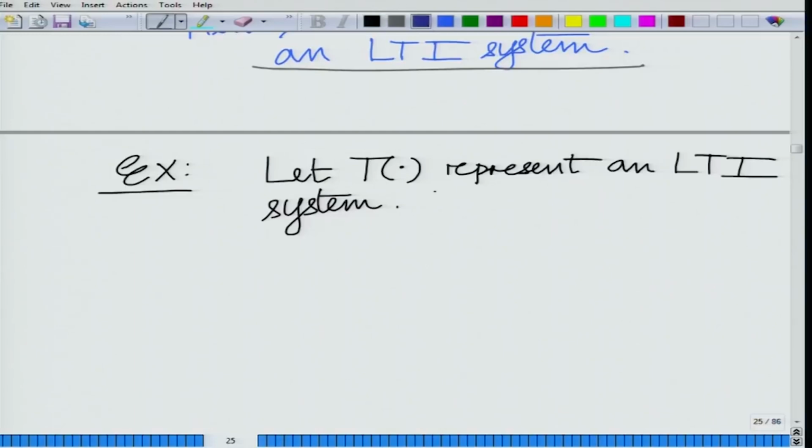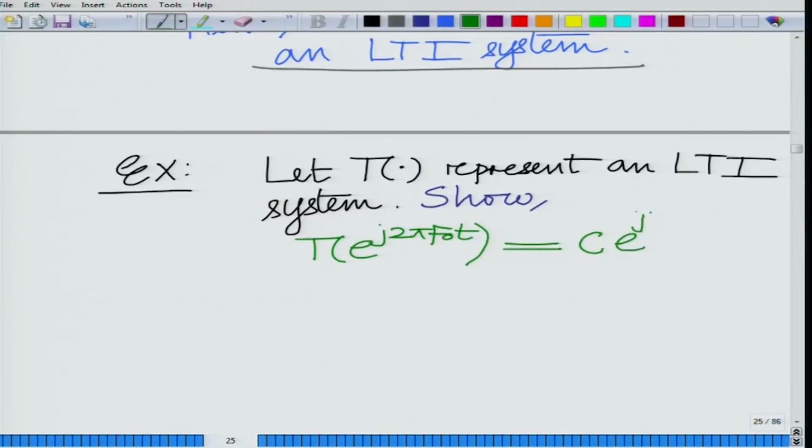Now, for this, if this represents an LTI system, then show that T of e to the power of j 2 pi f naught t, for any frequency f naught, equals something. That is, if you consider any input which is a complex sinusoid, the output is some constant c times e to the power of j 2 pi f naught t.